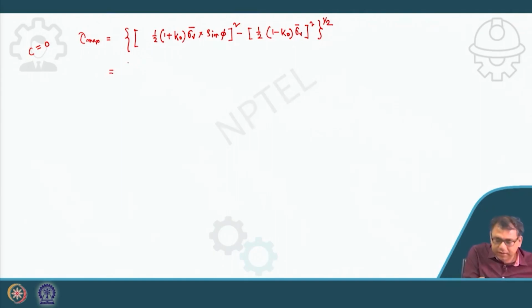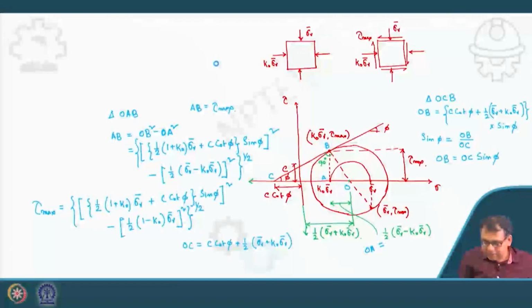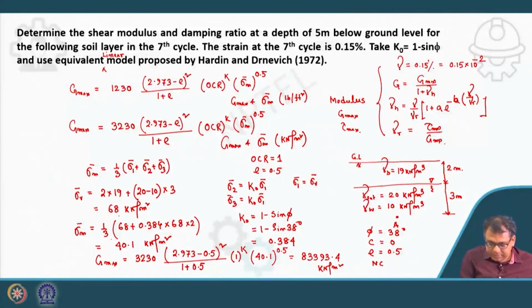So if I put the values, this will be half (1 plus 0.384) into sigma V dash, which is 68. Sigma V bar is 68 kilonewton per meter square.